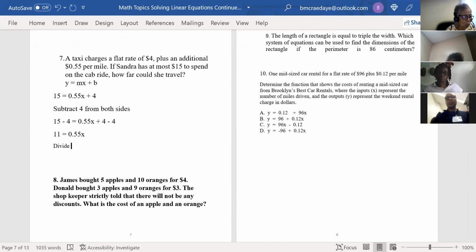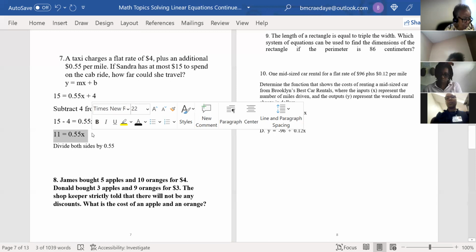X is connected to what, Maureen? The 0.55. So you want to divide both sides by 0.55.